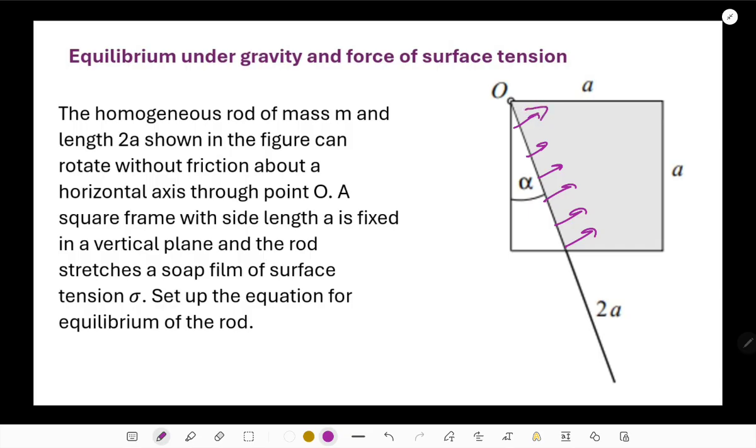This is the distributed surface tension force, and I don't know where exactly the half of the rod is, but if I guess it is here, then I can see the force of gravity acting on it.